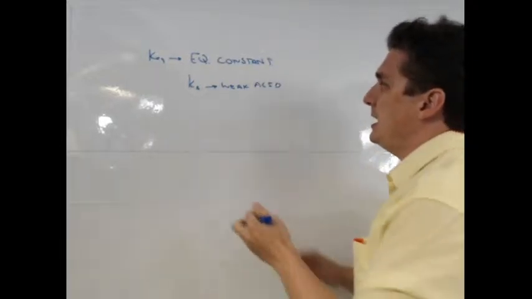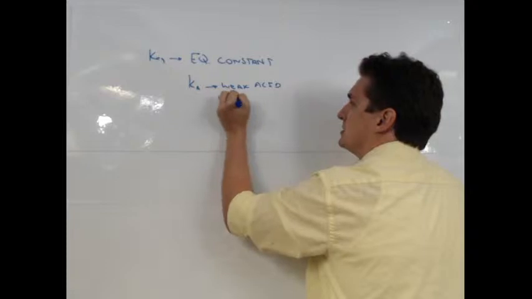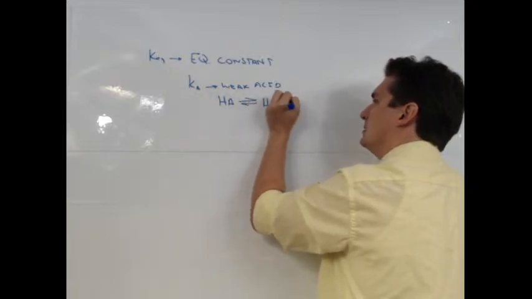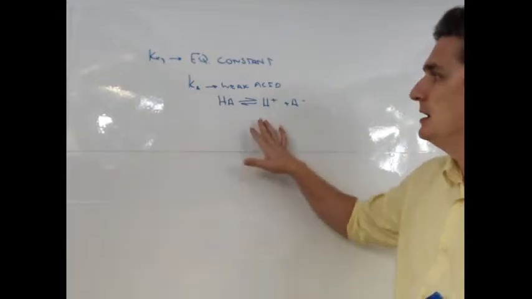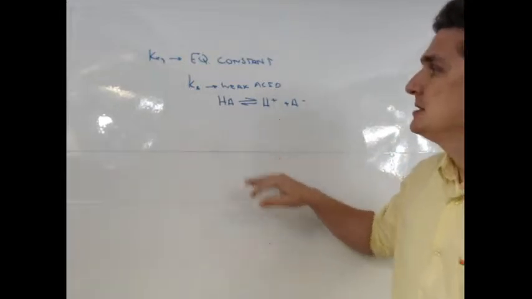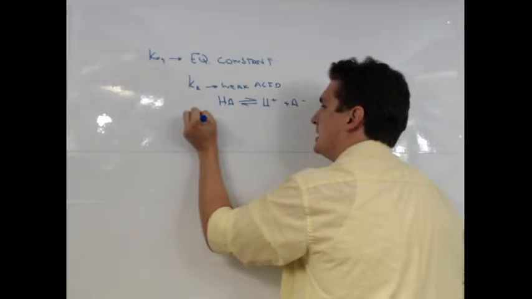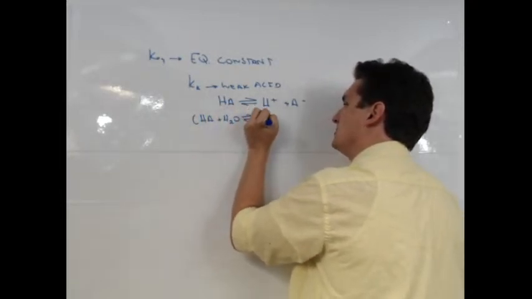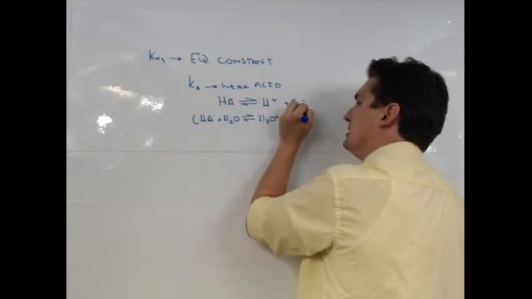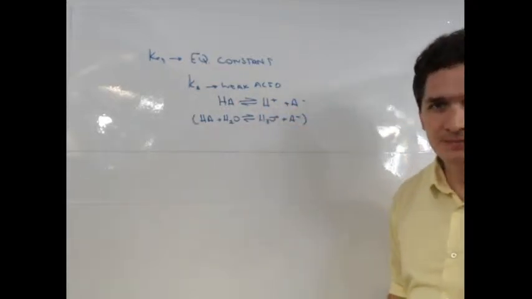But when we have Ka, we're specifically looking at a reaction that looks like this. So we have something losing a hydrogen and giving us an H plus and an anion. Some books will write it as HA plus H2O goes back and forth to H3O plus A minus. These are equivalent statements.